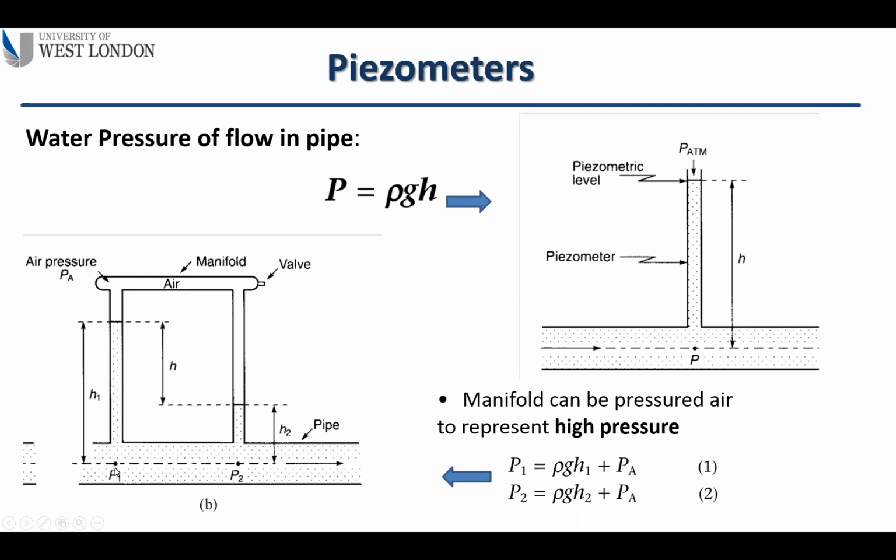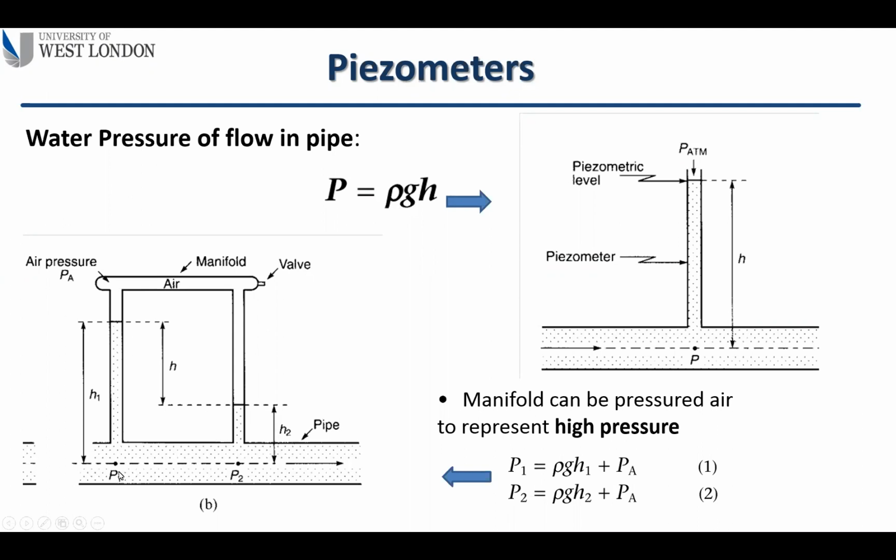For example, at the first point, the upstream one, the pressure is denoted by P1 and the corresponding depth of the liquid is H1. At point 2, the pressure is P2 and the corresponding depth of the fluid is H2.